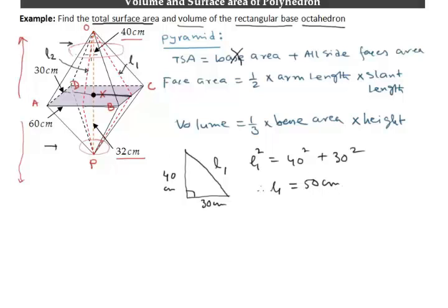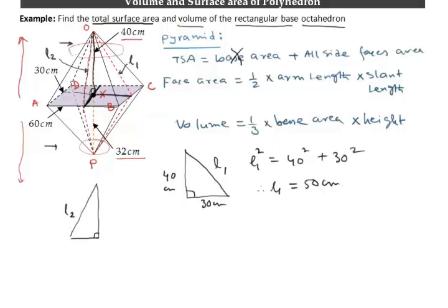Now let us calculate the slant length L2. For calculating L2, we will use this triangle. This height is perpendicular, and this distance, if we extend it all the way, will be equal to BC, so this is half of BC. If we draw another right angle triangle, this angle is the right angle, and the hypotenuse is the slant length L2.